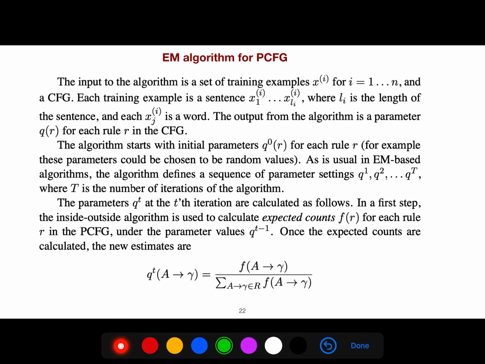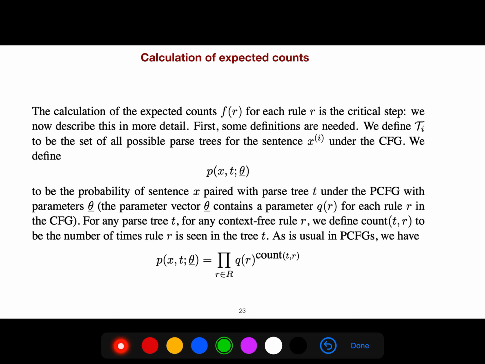So for the expectation maximization algorithm for PCFG, you see there are several papers that use this. So you need to know the expectation of something, expected counts for each rule, and now you have all the things to do these calculations.